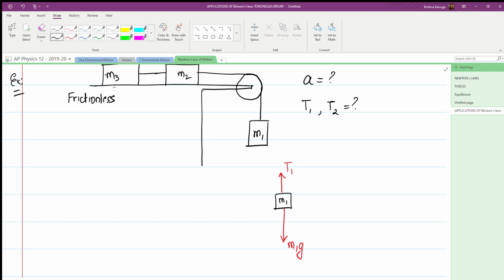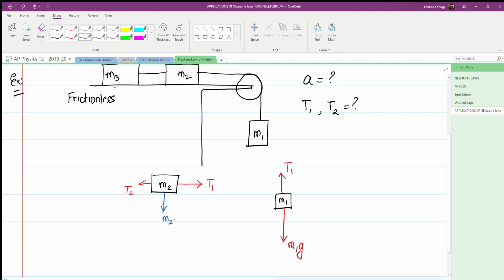Let's do the same for M2. For M2, we have two forces. We have the tension T1 pulling it to the right, then we have the tension T2 from the other string pulling it to the left. We also have forces along the vertical direction.